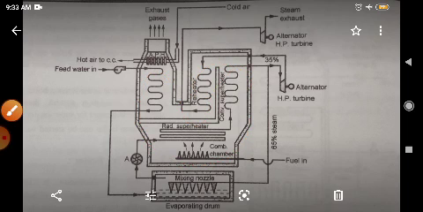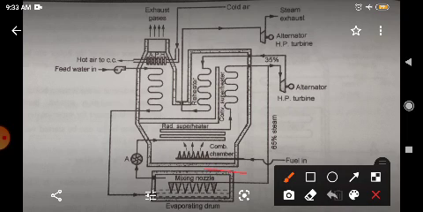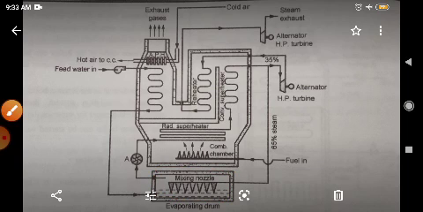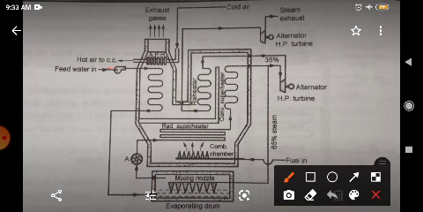Let's see that. You can see the evaporating drum at this point. What happens over here? The feed water, which is in liquid form, passes through. You can see the gas is combusted over here and it is passing like this. It has lost much heat over here, and the remaining heat is also utilized for preheating of water.